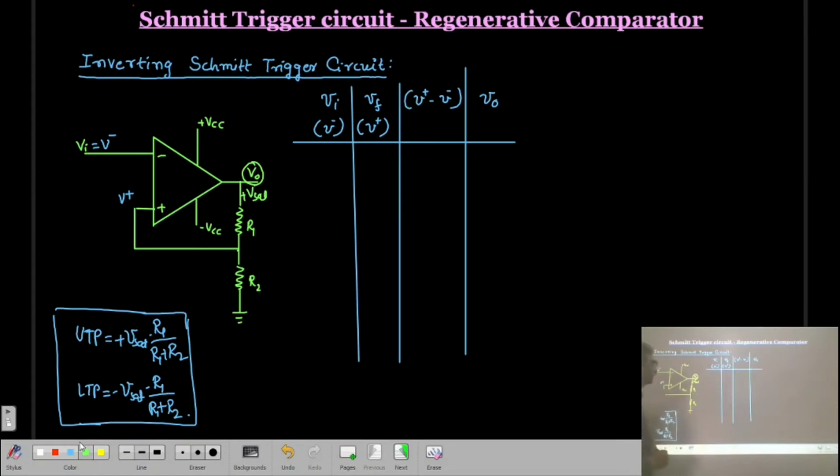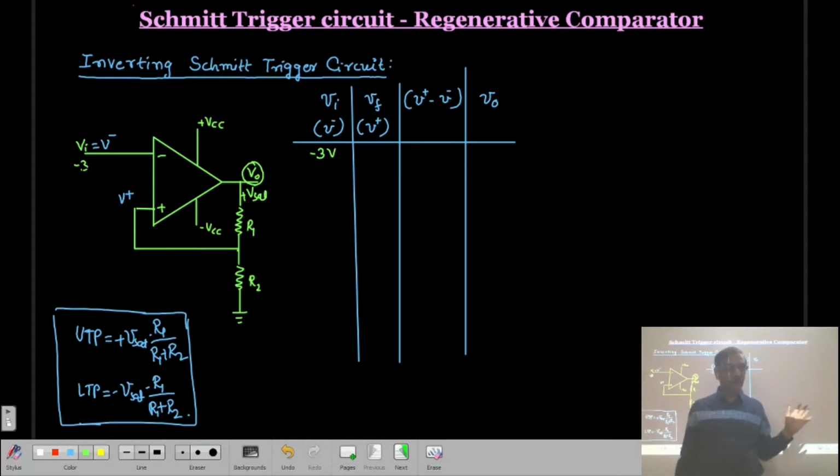But let us say, first of all, we apply a very large negative input voltage. Suppose minus 3 volt, so my input signal is minus 3. Now remember, when I apply a negative voltage to the inverting terminal, naturally the output voltage will be positive.